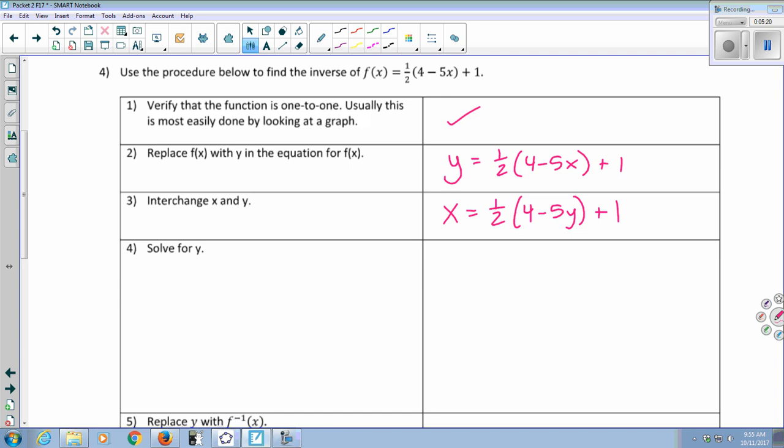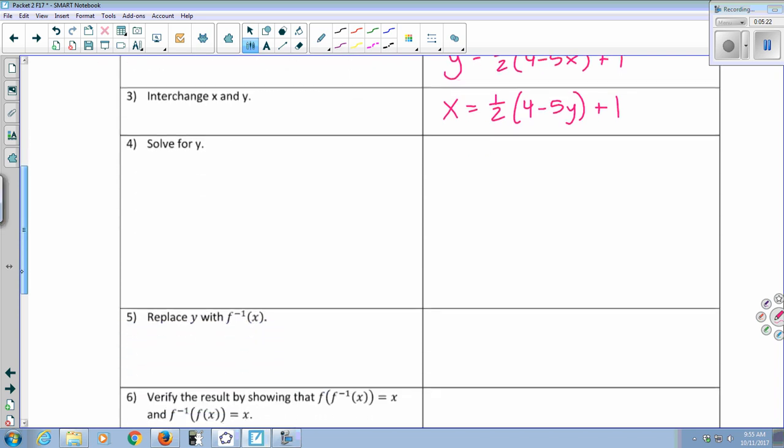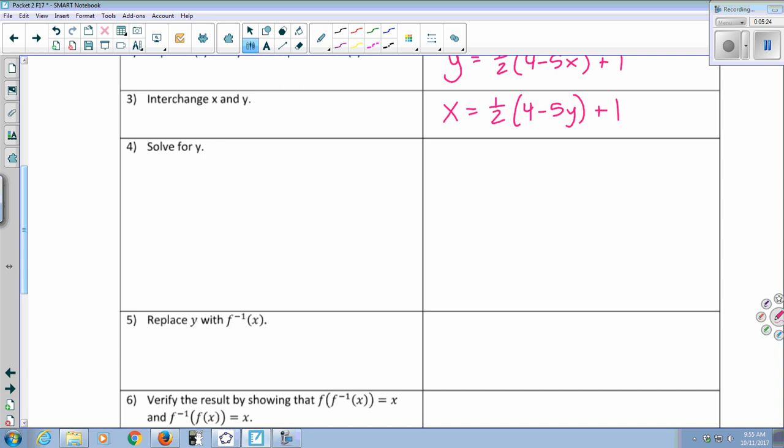So now we want to get the y by itself. So I'm going to distribute my 1/2. So I have x equals 2 minus 2.5y plus 1. Combine my like terms, my 2 and my plus 1 make a 3. Negative 2.5y plus 3.